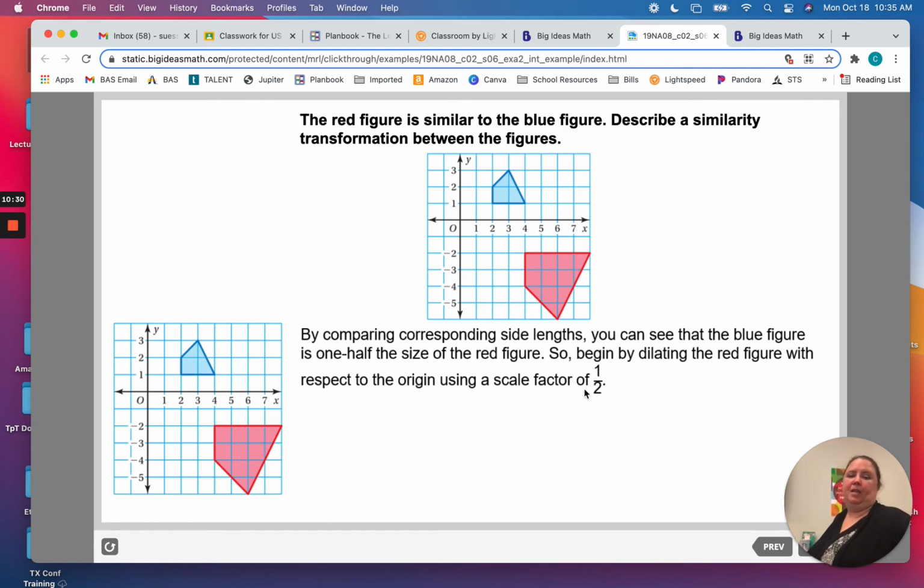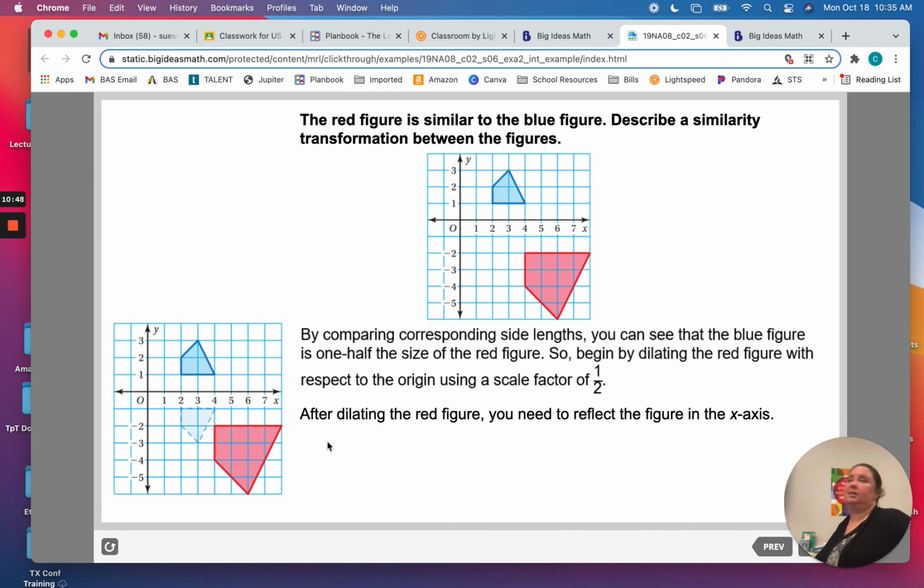Okay? And what else happens? Yes? There's a rotation. Or, see how it reduced 1/2 here? Once it reduced, what can we actually easily do? Reflect. Very good. Across the x-axis. Okay? Everybody follow that?